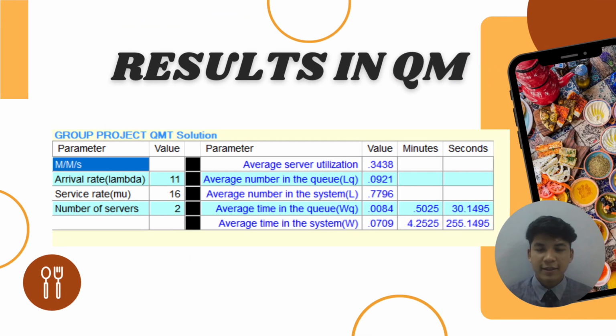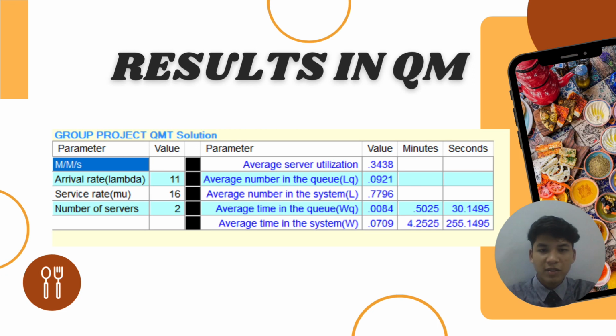So this is the result in QM. In QM, we just need to substitute lambda, mu and the number of servers, and we get the average server utilization 0.3438, and Lq we get 0.0921, and L, the average number in the system, is 0.7796.